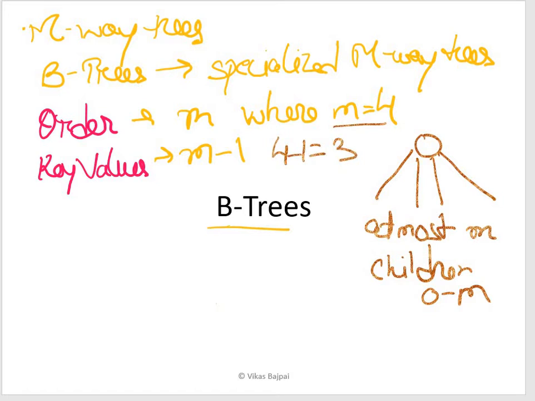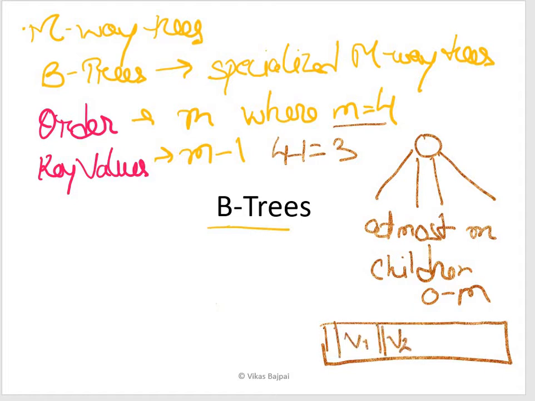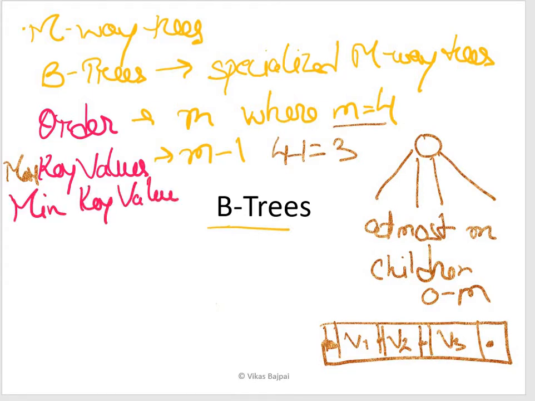That means a particular node cannot have more than 3 values. So it can be V1, then V2, then V3, and all these are your block pointers. So this is about max key values.